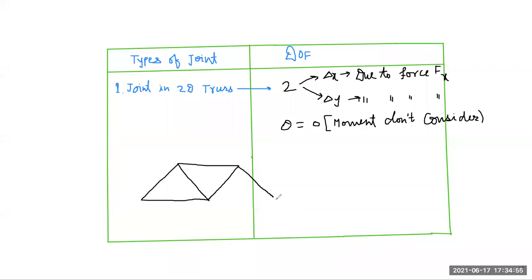Then at any joint, at this joint, at any joint, possible degree of freedom is equal to 2. It is due to force in x direction and force in y direction. So here 2 degrees of freedom will be possible. So you all remember these things by heart.